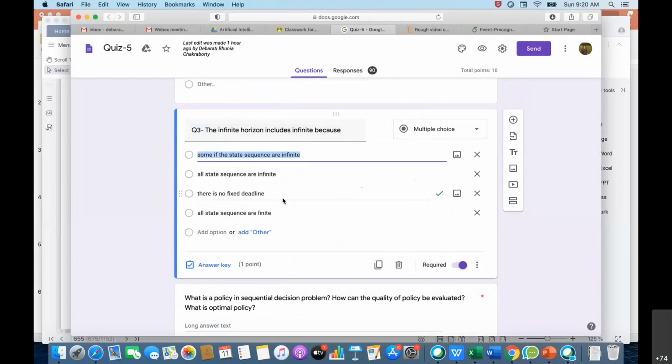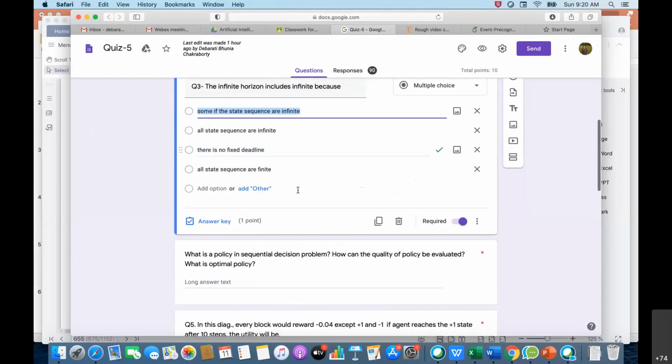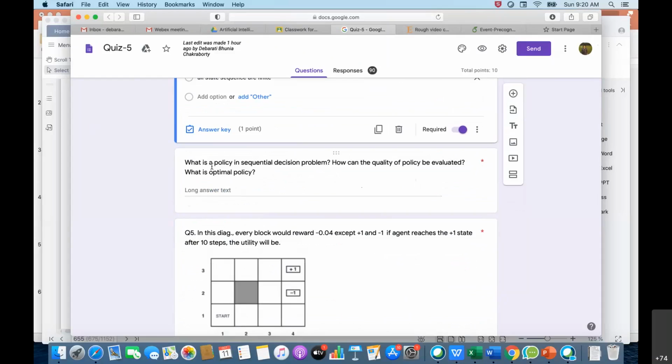Yes, I have already noticed it, so I shall mark accordingly. Don't need to be worried. Now, what is the policy in a sequential decision process? Those definitions I have already discussed in our last class. Hopefully you have written them well because all those definitions were discussed in our last lecture.